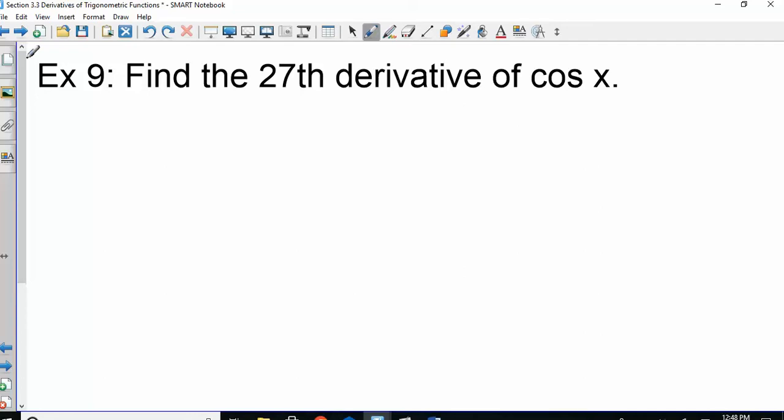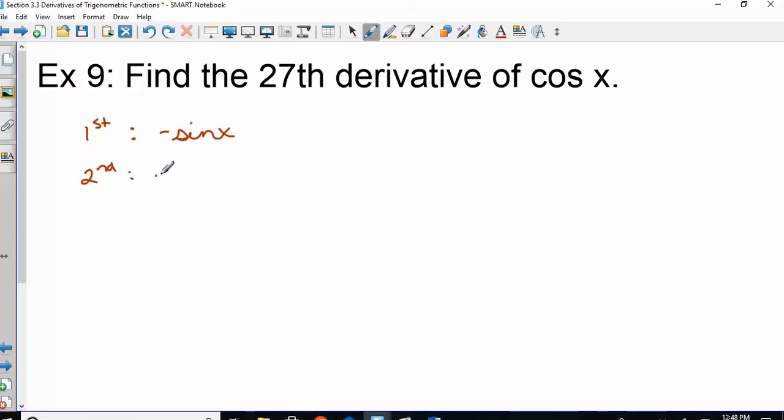Last one. Find the 27th derivative of cosine. Okay, here we go. So what's the first derivative? Negative sine x. What's the second derivative?